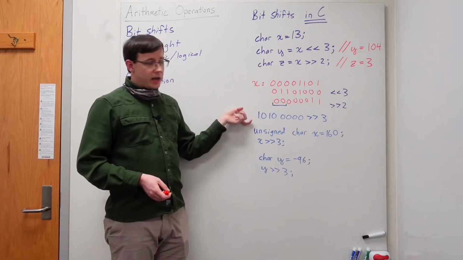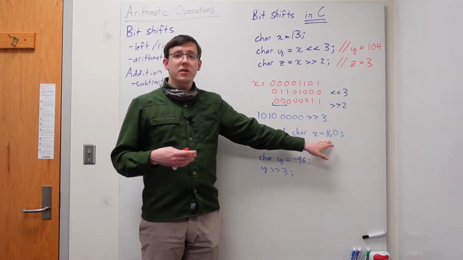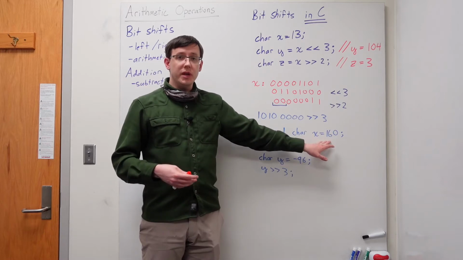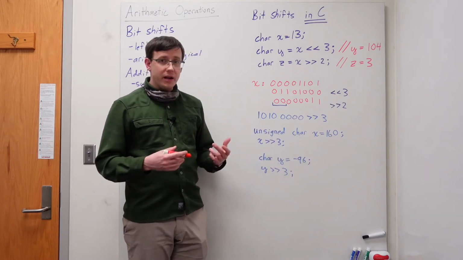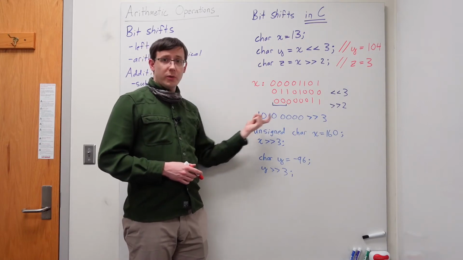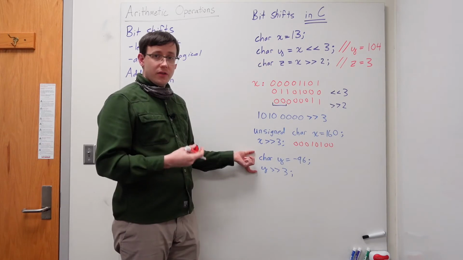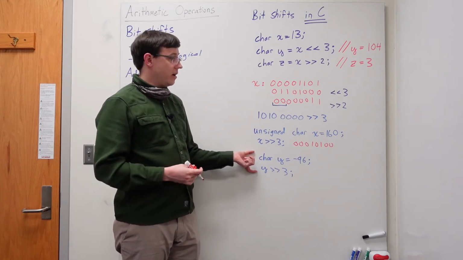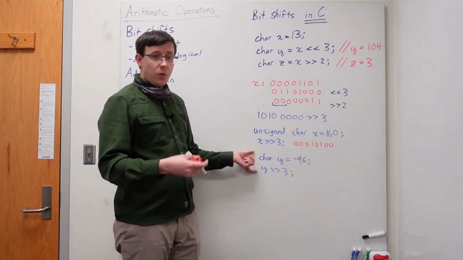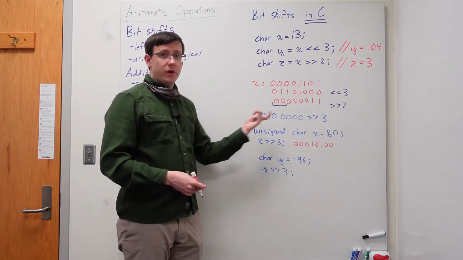In the unsigned case, we want to get a result of 160 divided by 8, which should be 20. And in binary, that corresponds to filling in zeros when we shift to the right. Whereas in the signed case, we want to get a value of minus 12, which corresponds to filling in ones when we shift to the right.